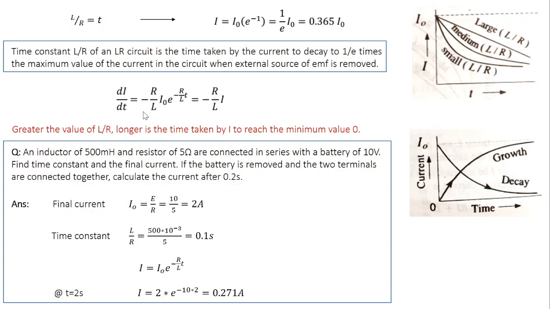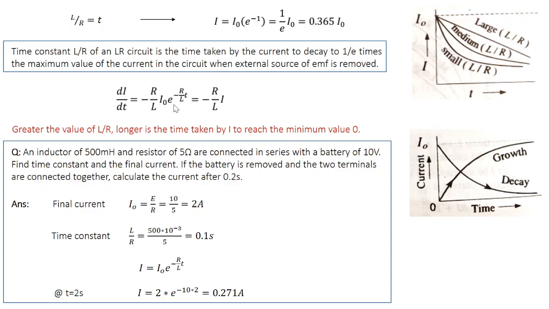Now, when you vary L/R, how does the decay change? For that you need to find out the rate of decay of current, dI/dt. From the expression for current, you can calculate dI/dt as minus R/L I naught e to the power minus R/L into t.